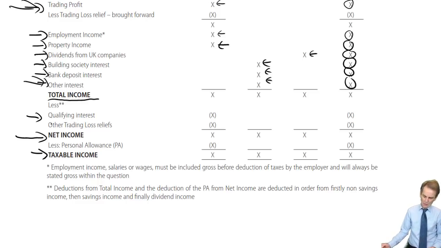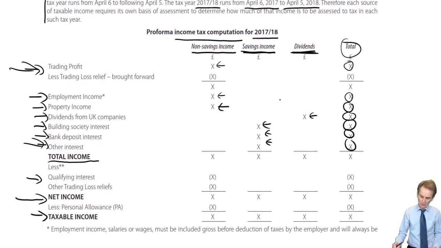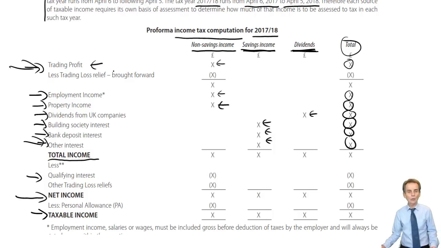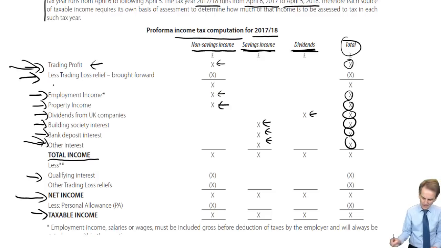The other situation is about going back to the beginning of the computation. We saw for the self-employed that you may have a tax-adjusted trading profit. Then, though I didn't mention it to begin with, as we just merely listed out our different sources of income, we have a deduction of trading loss relief.